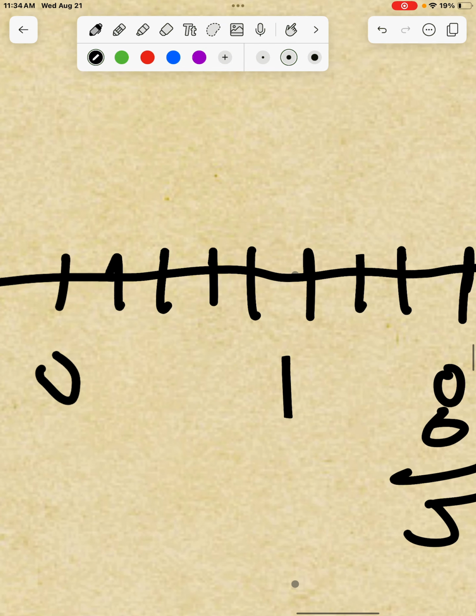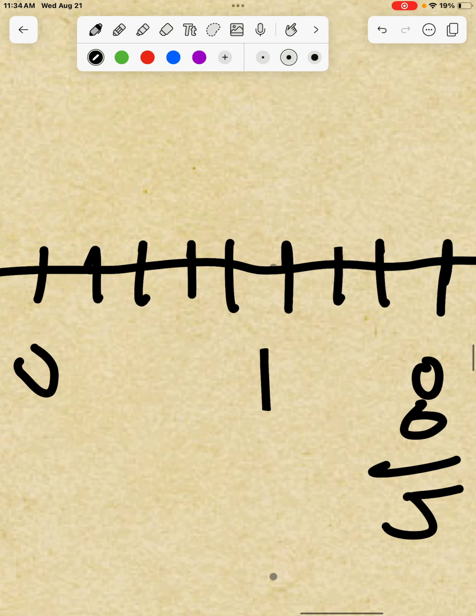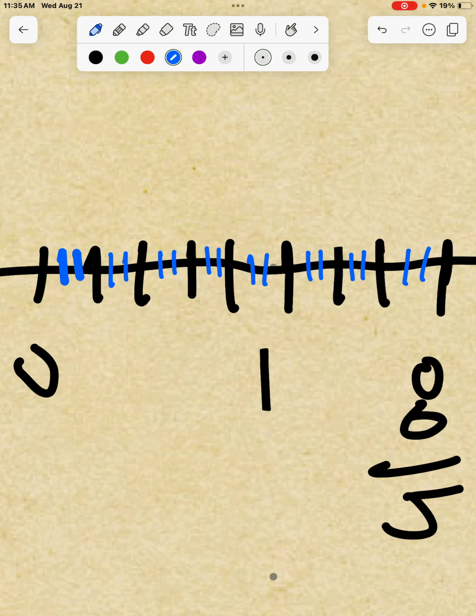So I can split it like this. Okay, so make it thinner. And now I have how many pieces? Each of those 8 pieces gets split into 3. So I have 24. 24 what?